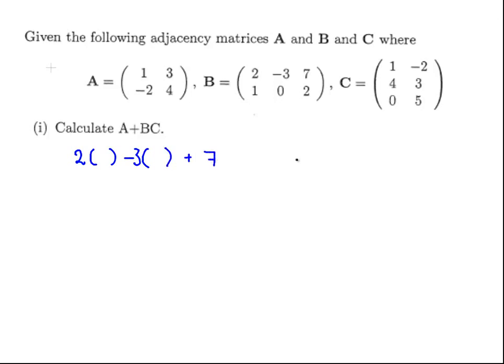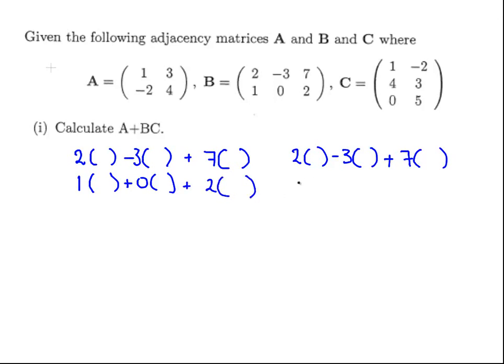And I'm going to write the same thing again here: 2 blank, minus 3 blank, plus 7 blank. That's the top row. Now I'm going to write the bottom row, something very similar here: 1 blank, plus 0 blank, plus 2 blank, and 1 blank, plus 0 blank, plus 2 blank.